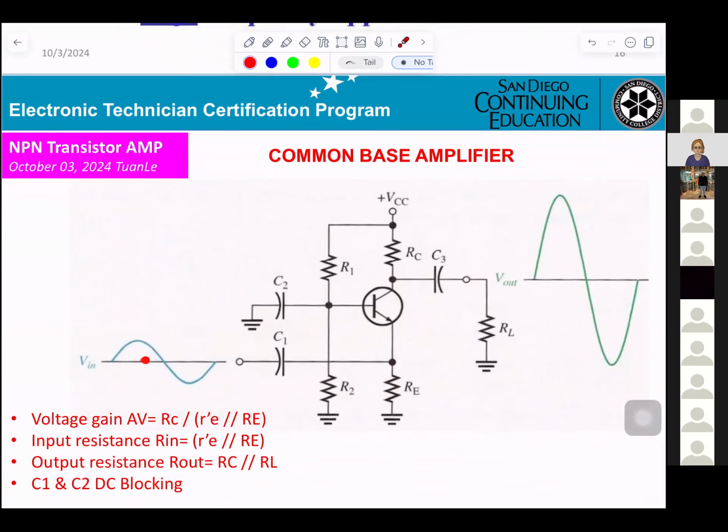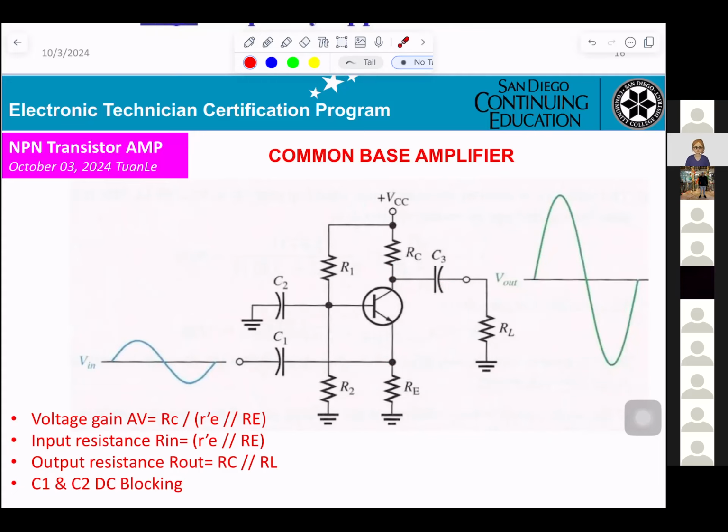Input applied to emitter. Output from collector. Input and output will be in phase. Input up, output goes up. Input going down, output going down, in phase.